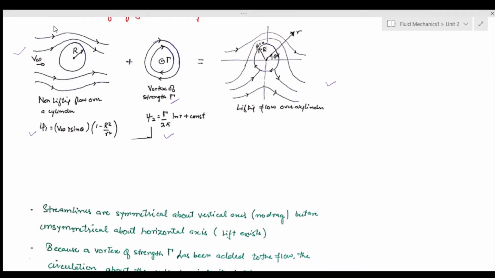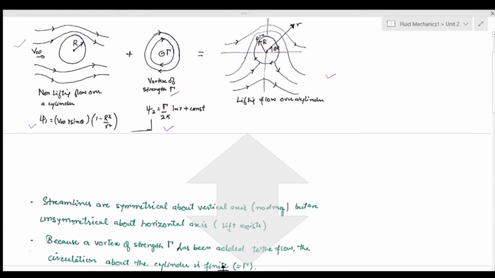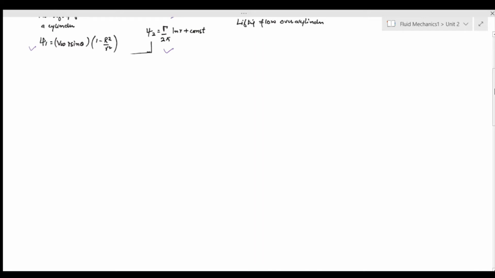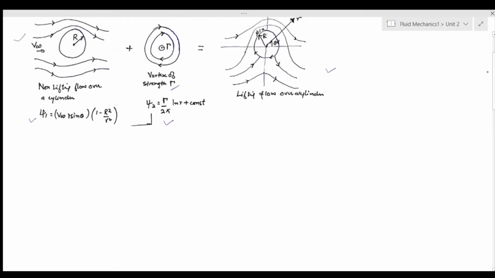So let us see, if I know these two stream functions and I know that I can add them to get my resultant stream function, what we would get. Now I would do a little mathematical trickery to take care of the constant which comes in the stream function of vortex flow.